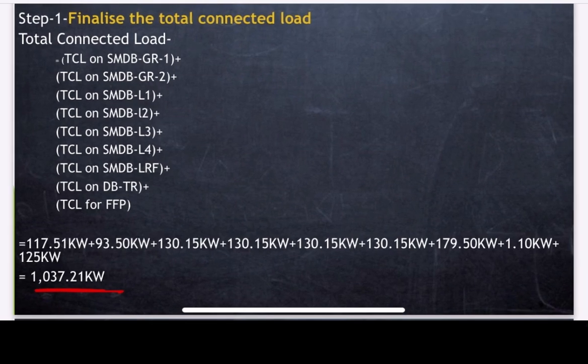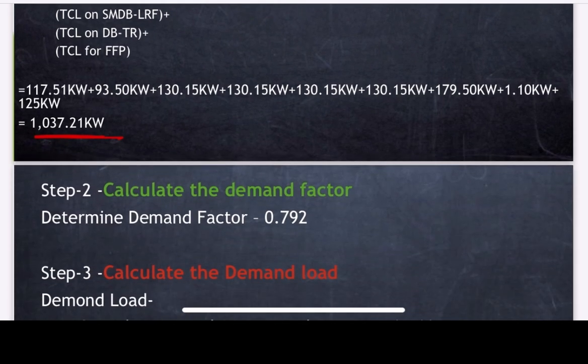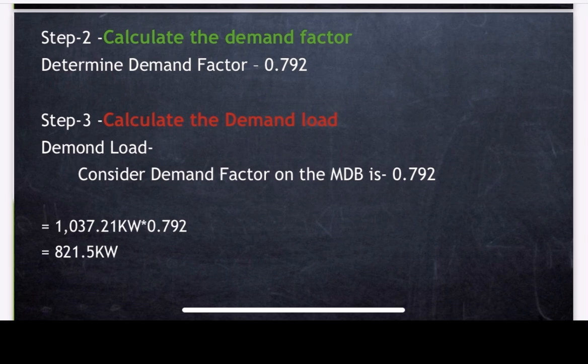This is step 1. As I told you, finalize the total load on MDB. So we completed the first step, that is the total load on MDB is 1037.21 kilowatt. Now step 2 is to determine the demand factor.